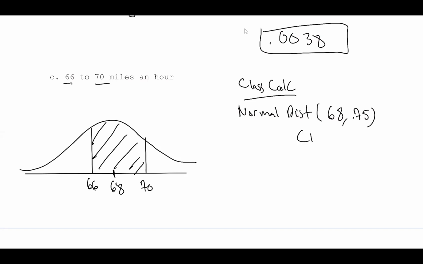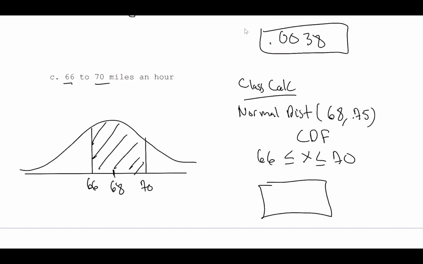You're going to press CDF because you want to find the probability. And then you say that the lower bound should be 66 all the way to 70. And then in class calc, once you do that, it should give you some answer for that.